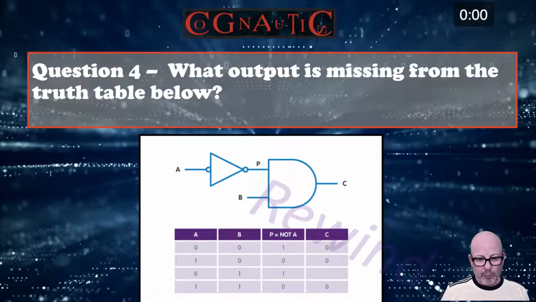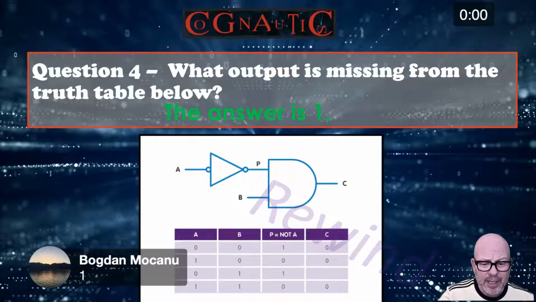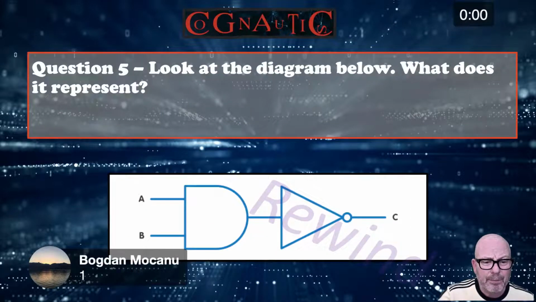Aditya is saying 1. And make sure that, because basically they could also give you P equals not A and make you draw that. They'll go to one more level of complexity. Bogdan has come in with 1 as well. So I'll tell you what, let's put you out of your misery. The answer is 1. So that is a double ding for that. Outstanding chaps, well done.